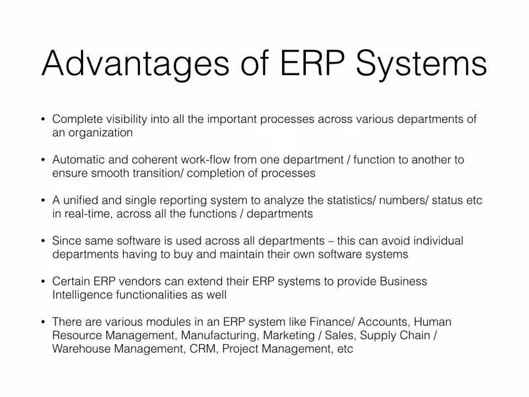So certain ERP vendors can extend their ERP systems to provide other types of functionalities like business intelligence, which we're going to talk about in a later lecture with respect to big data. So you have all this data that's coherent across your corporation, consistent across your corporation. Why not analyze it to gain a little bit more intelligence as to what you need and when, what bottlenecks exist, what your supply chain looks like?